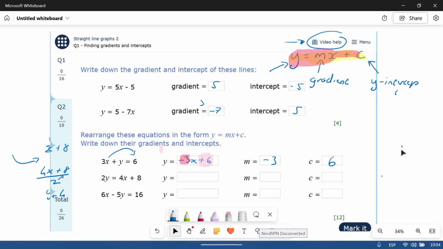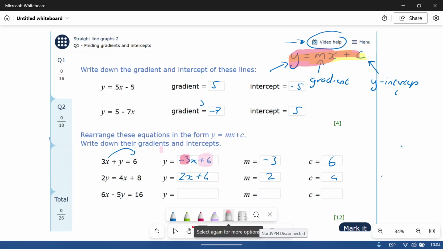Okay, remember this one was 2x plus 4. Gradient is 2, y-intercept is 4. And we were moving on to the last one, which is 6x minus 5y equals 16.